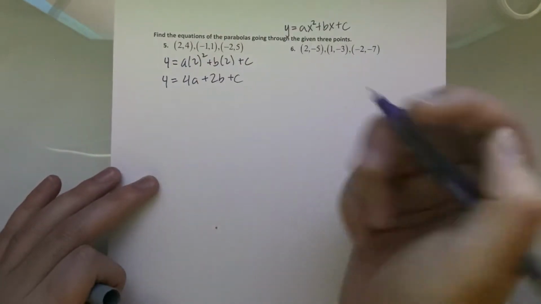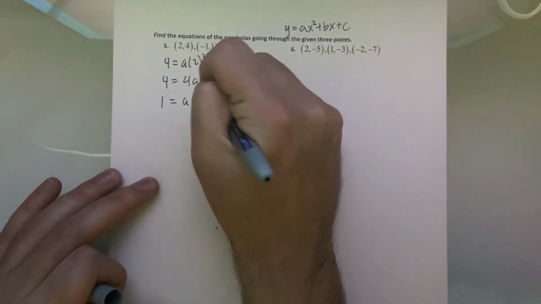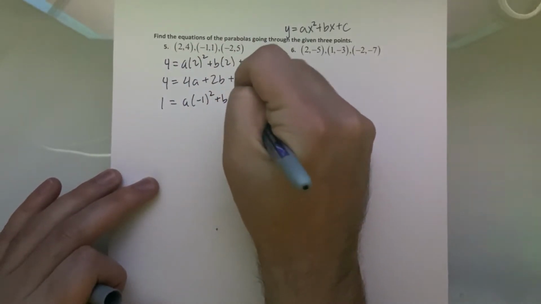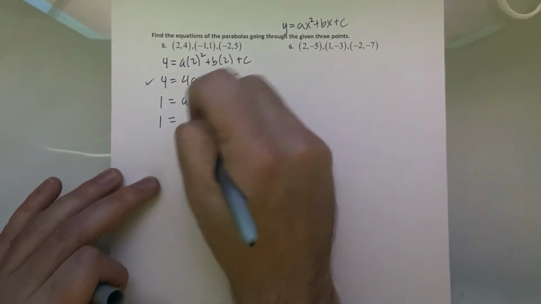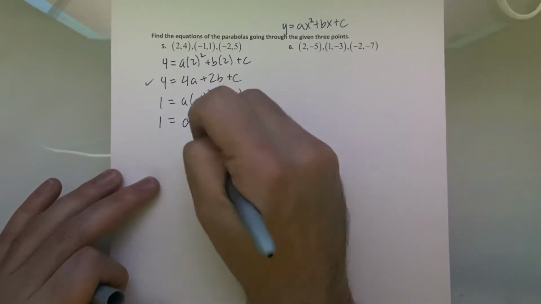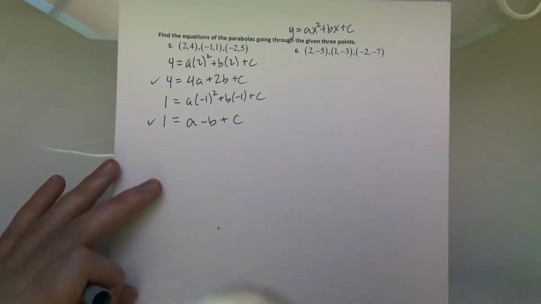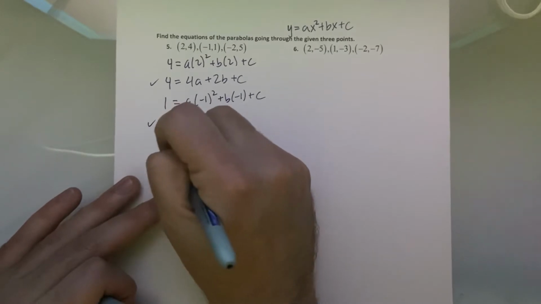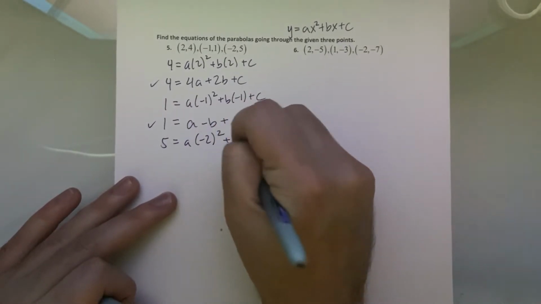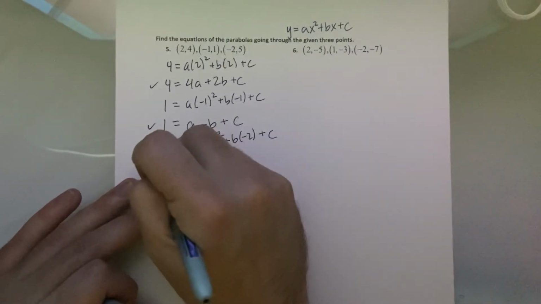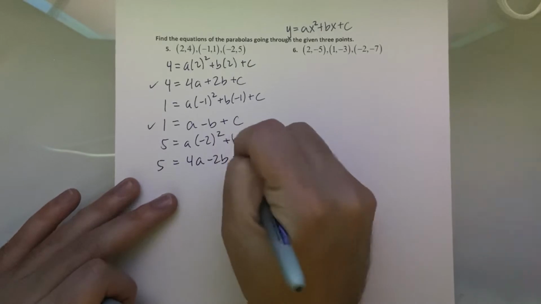Do the same thing for -1 and 1. 1 equals a times -1 squared plus b times -1 plus c. So that's 1 equals a minus b plus c. And then lastly for -2, 5, you have 5 equals a times -2 squared plus b times -2 plus c, so 5 equals 4a minus 2b plus c.